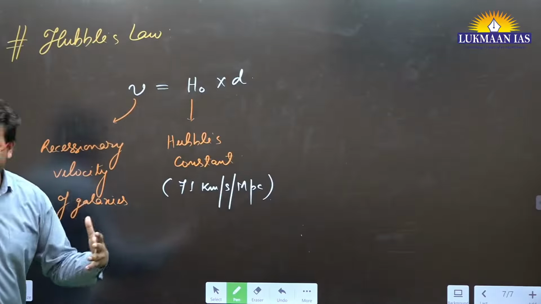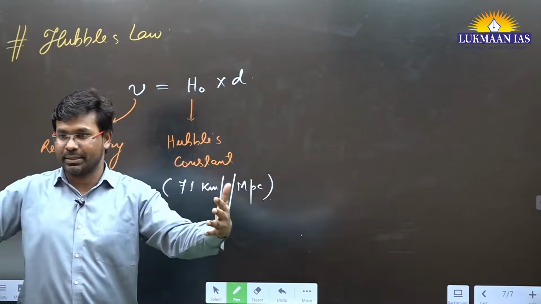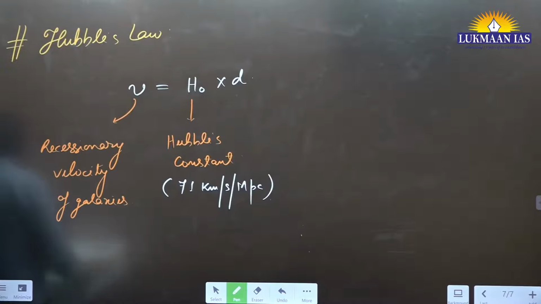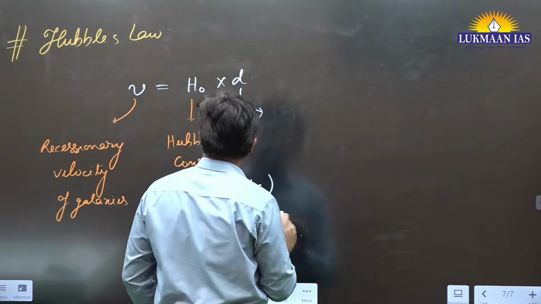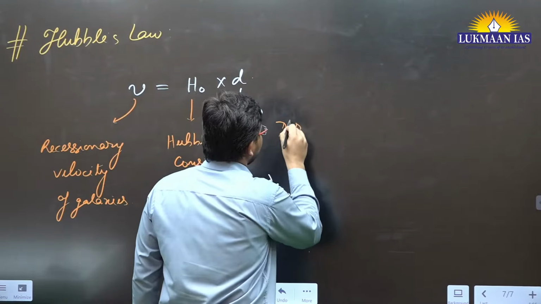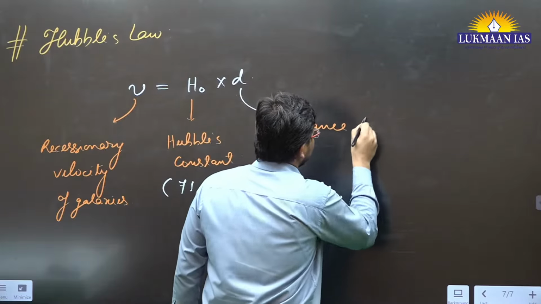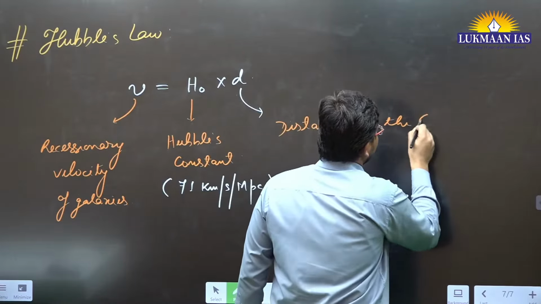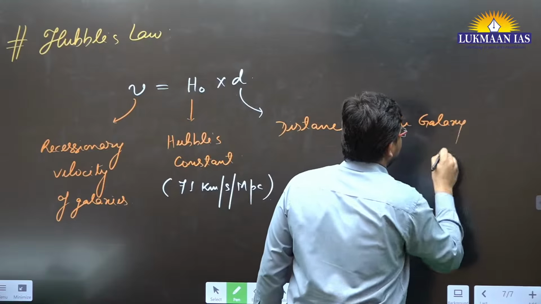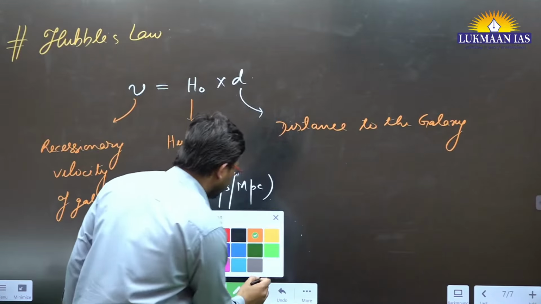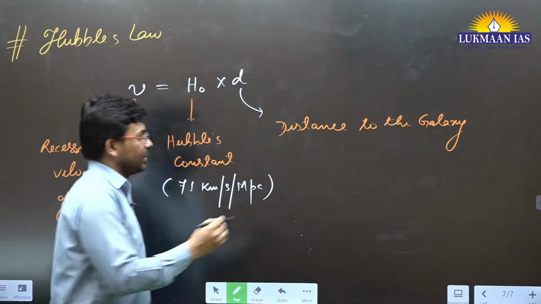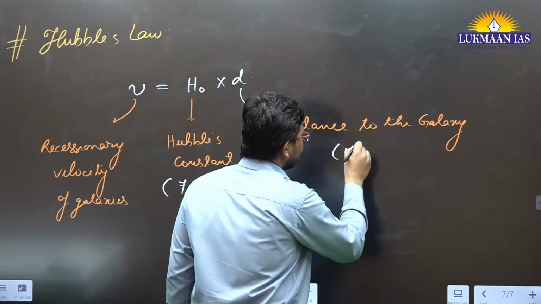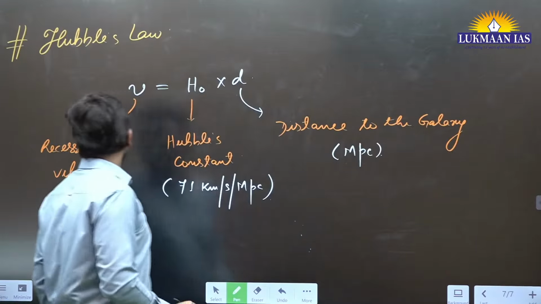D is the distance to the galaxy from us. This distance is measured in MPC. We are going to understand what is MPC.